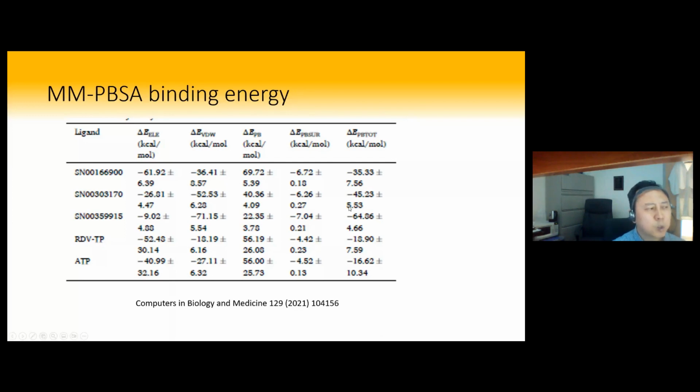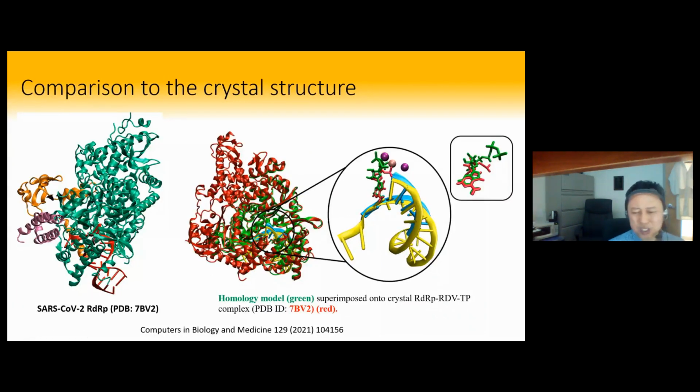Okay, so actually we've been challenged. Reviewers said, "I don't believe your homology modeling. How could I believe your structure is good?" Fortunately, at that time, right before we published our paper, the crystal structure was solved. We superimposed our structure with the experimentally determined crystal structure, and here you can see how well they overlap.